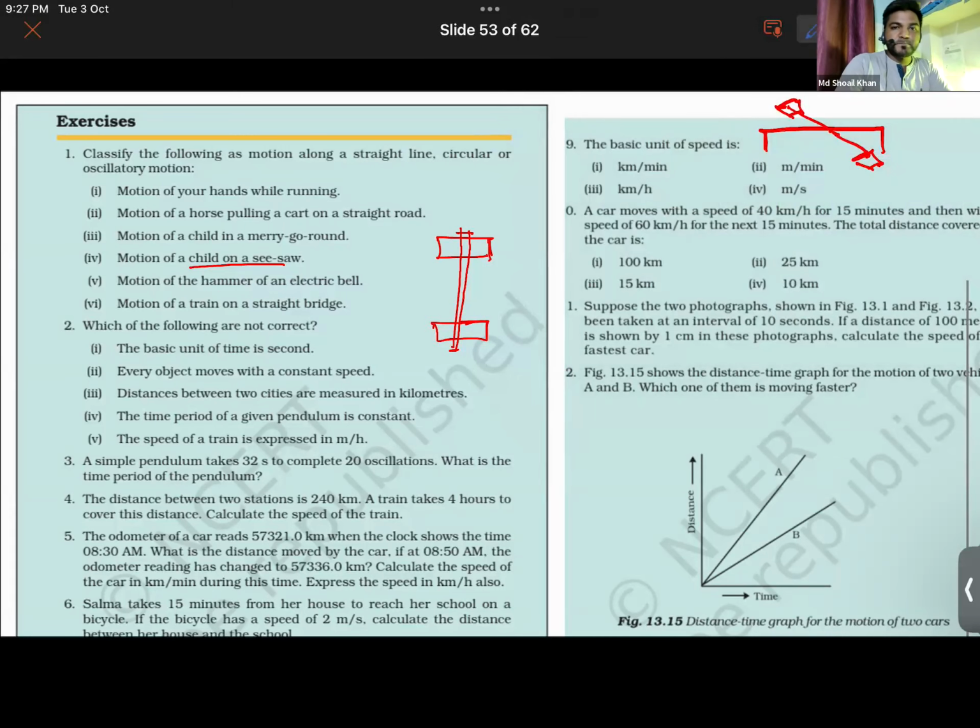I don't understand the motion of your hands while running. It says that it is oscillatory motion, but it is a straight line, right? It should be a straight line, right? No, look here.